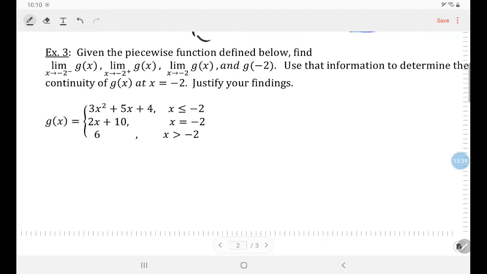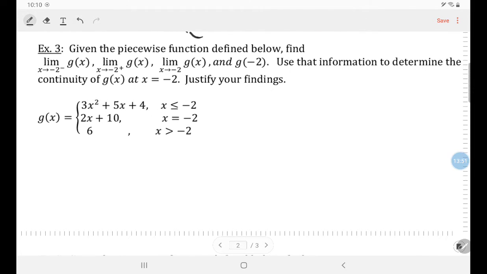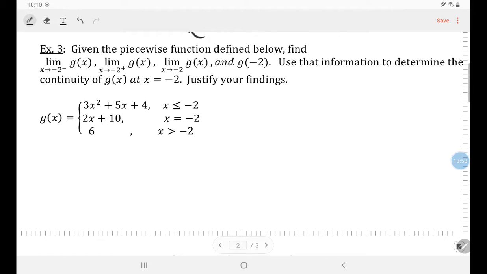Okay, example 3. Given the piecewise function defined below for g of x, again, I want limit left, limit right, two-sided limit, and the value of g of -2, and then we'll use all that information to determine continuity. Now again, we're talking about -2, so on a number line, here's 0, here's -2, so I need something on the left, something on the right.